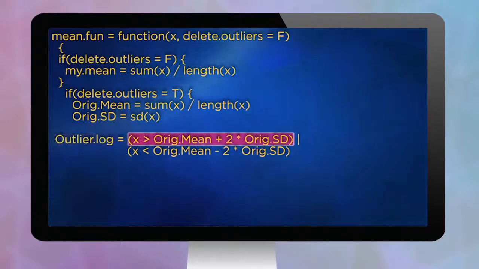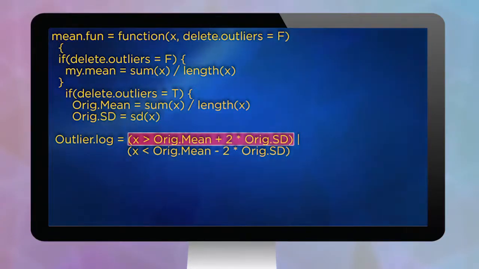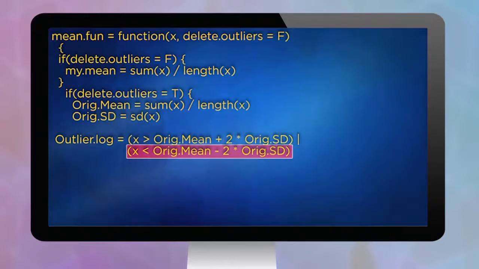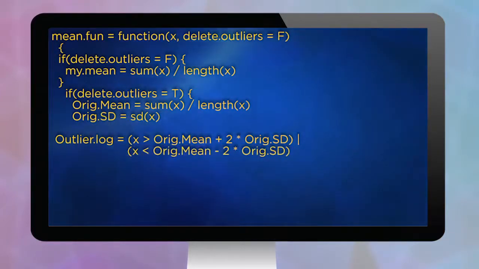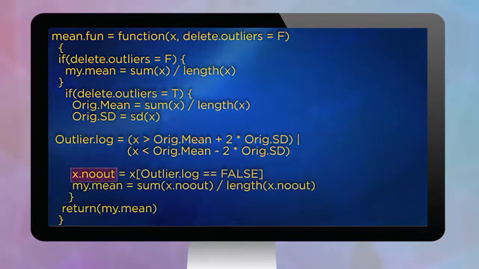All the values of x that are larger than the mean plus 2 times the standard deviation, or all values of x that are less than the mean minus 2 times the standard deviation. Right, so basically I'm putting a 95% confidence interval around the data, and then I'm logging all of the points that fall outside of those. Those are my outliers.